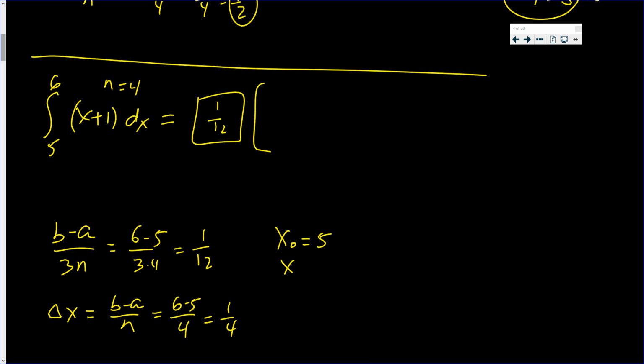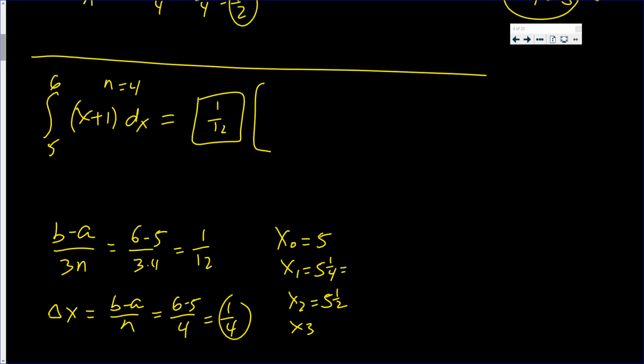And x1, well, you add a quarter. It's going to be 5 1/4, which we'll leave that way. And x2 is 5 1/2. And x3 is 5 3/4. And x4 is going to be 6, which is where we stop.